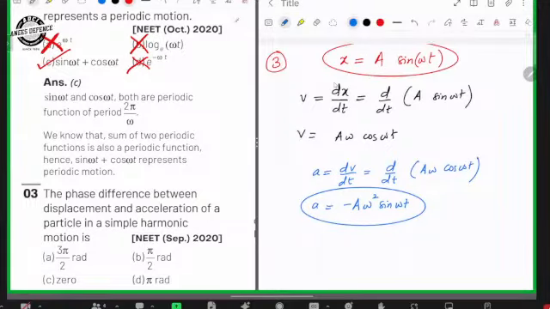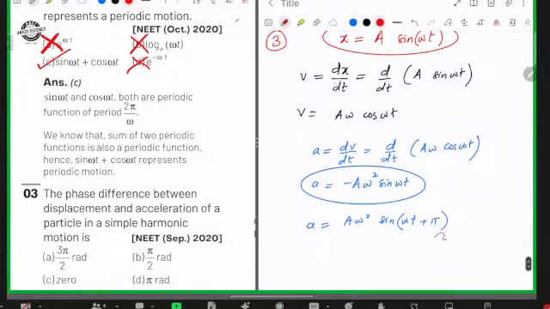Just see that acceleration can also be written as a omega square sine of omega t plus pi. The reason for this is that we know a trigonometric identity that sine pi plus theta is equal to minus sine theta. So instead of this minus sine theta, I have written sine of omega t plus pi.